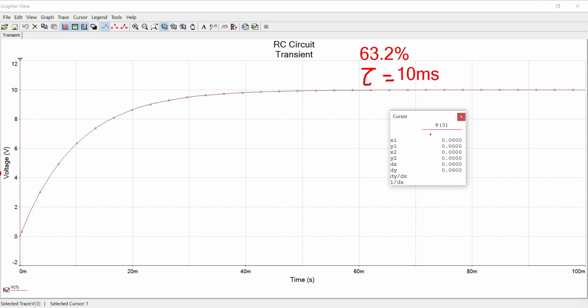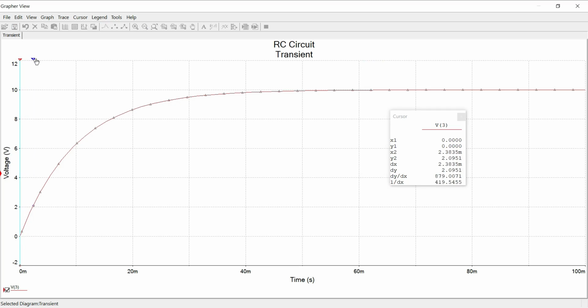So, if we check the corresponding value in the graph, it should be equal to 63.2% of maximum value, that is 10. So 63.2% of 10 equals 6.3 volt. So let us move the cursor to t equals 10 milliseconds, that is your time constant, and check the corresponding value of the graph.